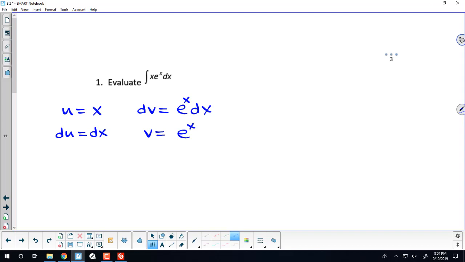It's really easy to get wires crossed. Yeah, we'll put it in later. So let's say the integral of x e to the x dx is equal to u times v. So that's x times e to the x, uv, minus the integral of v du.